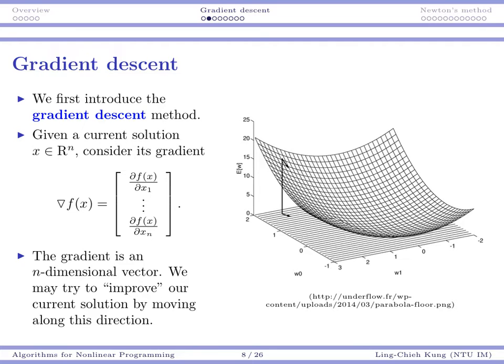At a specific point, suppose I am here, I can ask myself whether I want to move along this direction or that direction. I need to make some decisions about which to move.